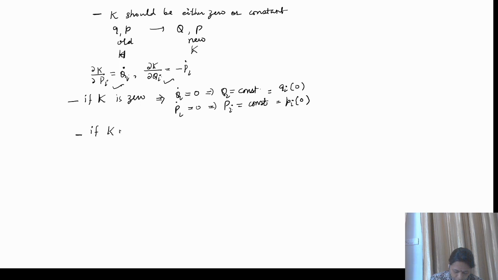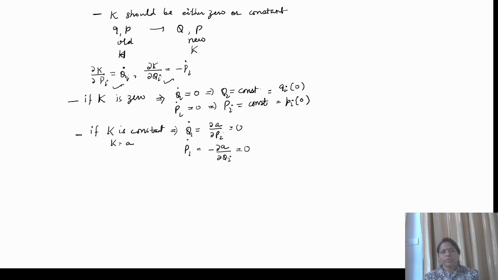If K is constant, suppose K is a, and a is a constant. Then again Qi dot is ∂a/∂Pi, which is 0. Similarly, Pi dot will be minus ∂a/∂Qi, and a is a constant, so again this is 0. So in both cases, if I take either K equal to 0 or K to be constant, I get my purpose solved. And these constants may be obtained with the help of the initial values of the old coordinates.